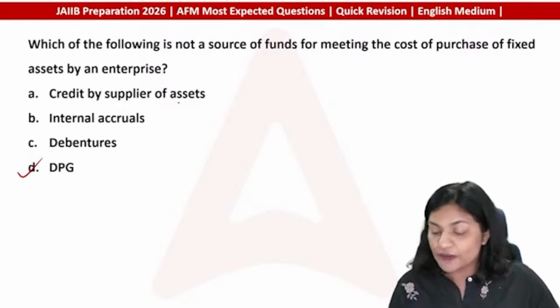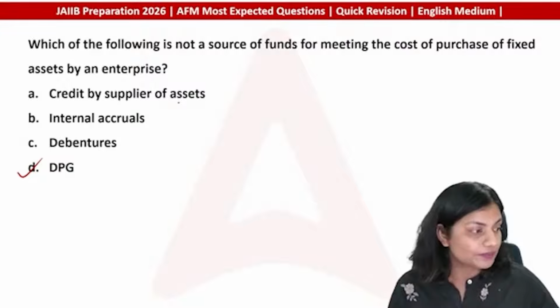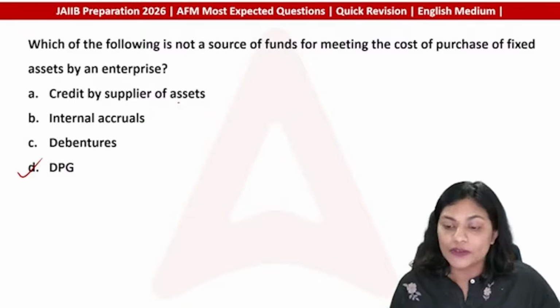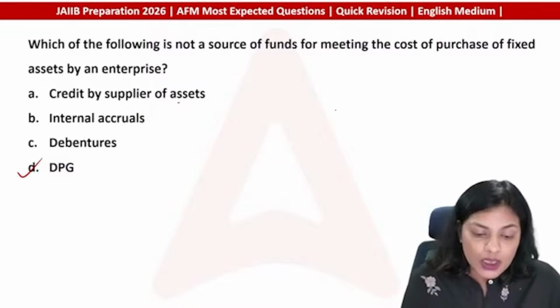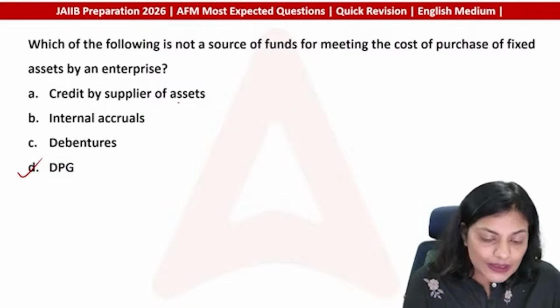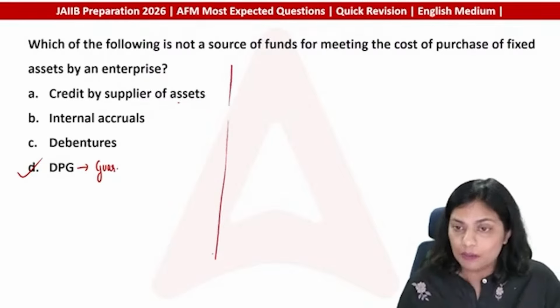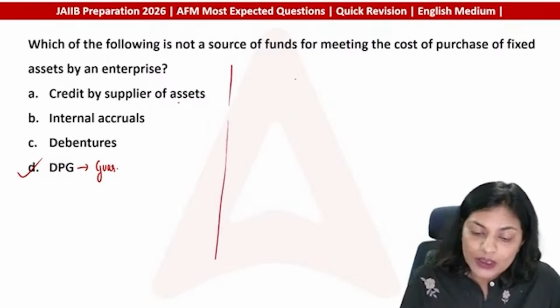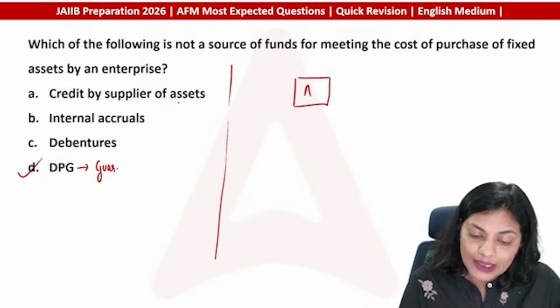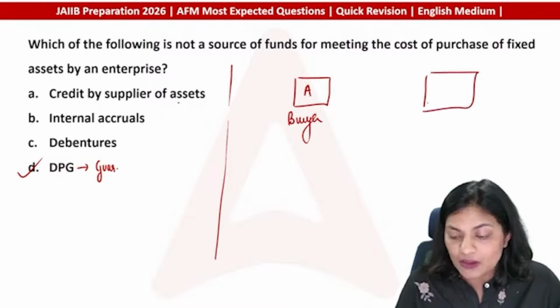Now, what is deferred payment guarantee? Let me explain. Deferred payment guarantee is a guarantee provided by the bank to the supplier. Now, there are two people. Let's say A is the buyer, and B is the seller.